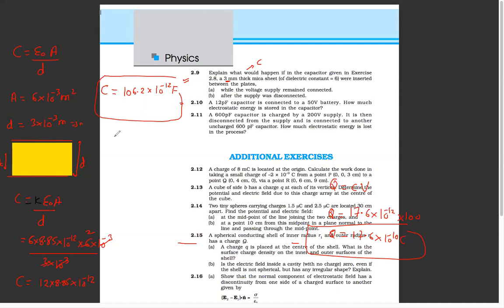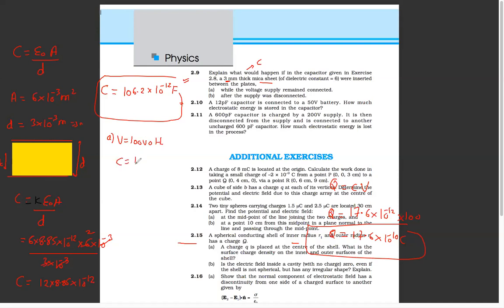So now let's come to part A. He's asking what would happen if in the capacitor a mica sheet were inserted between the plates. Part A says while the voltage supply remains connected. If the voltage supply remains connected, that means the voltage across the plates of the capacitor is 100 volt.